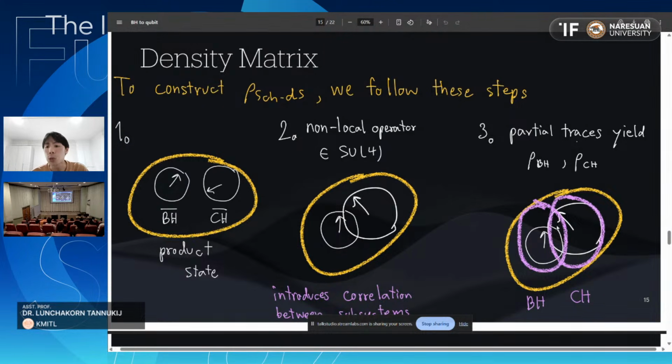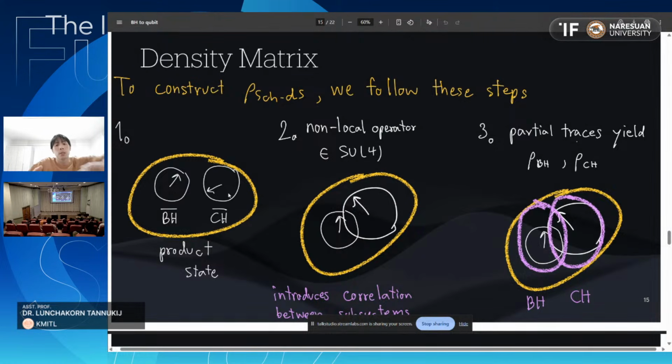The partial trace will not be the same as what we start with. If you start with number 1 and do the partial trace right away, you will end up with the density matrix of BH bar and the density matrix of CH bar.